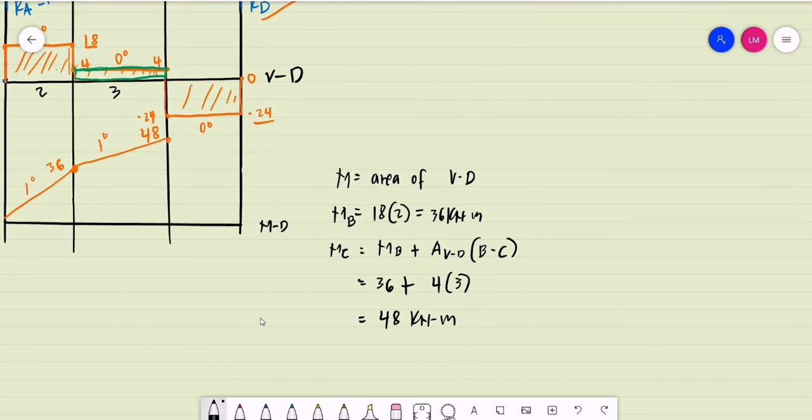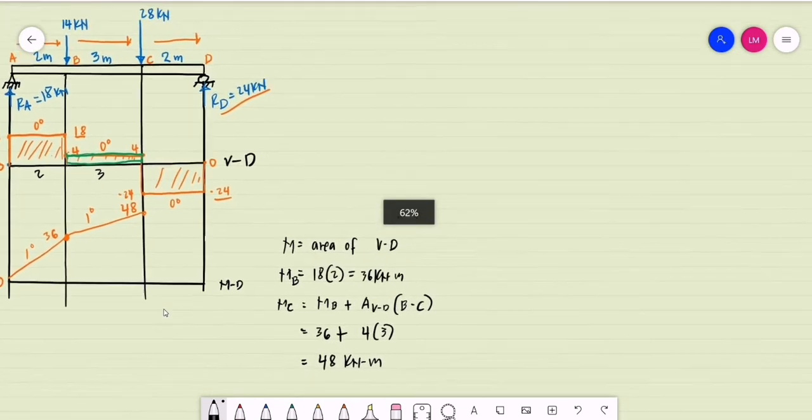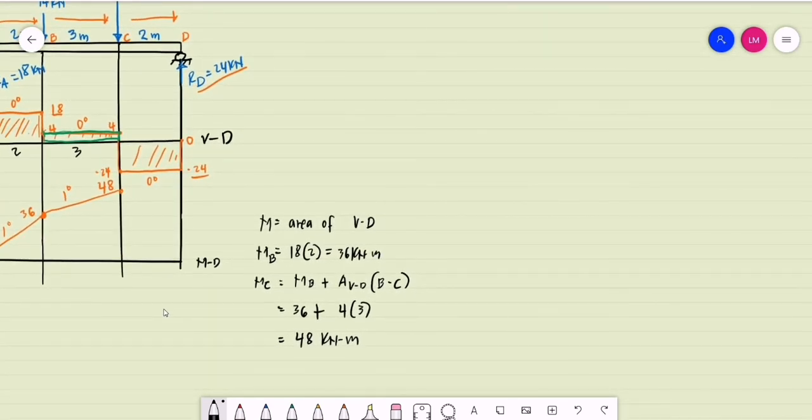And then for our last segment, how do we compute for the moment at point D? The moment at point D is the moment at point C plus the area of the shear diagram for segment CD. We have the moment at point D. What is our moment at point C?